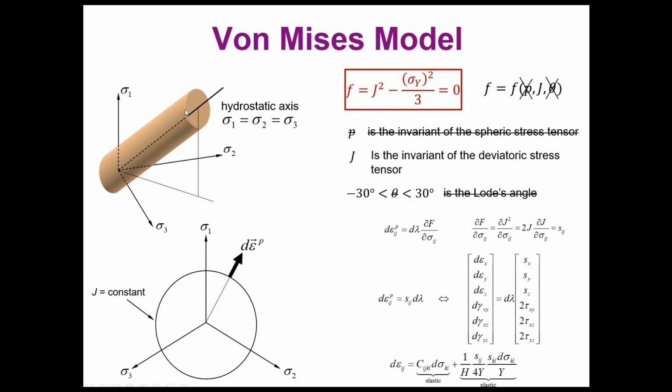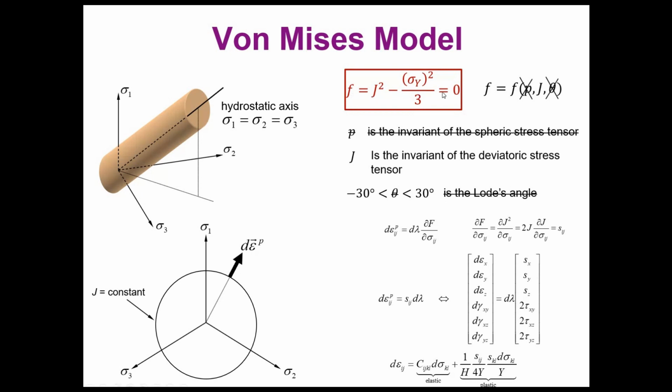Because this is a cylinder, this circle has a radius, which is initially constant. But adding the concept of hardening or softening we have studied before, this surface will be able to expand and contract when we use it in the context of the plastic theory.